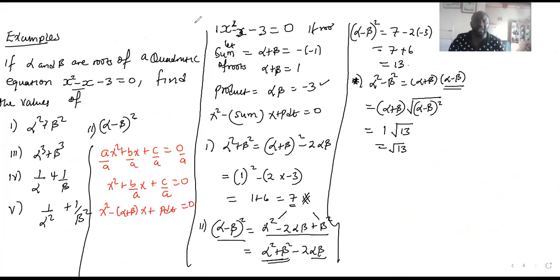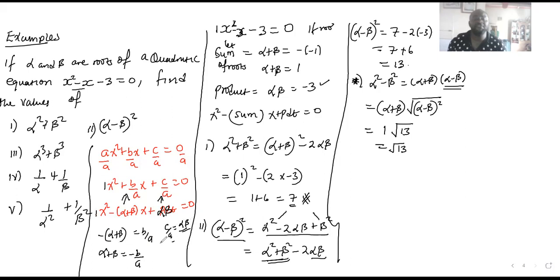Then when you compare these two with their coefficients, it means negative of alpha plus beta is equal to b over a. Then c over a is equal to alpha beta, is equal to alpha times beta. So the last part is always the product, whether positive or negative. The middle part is always the sum.